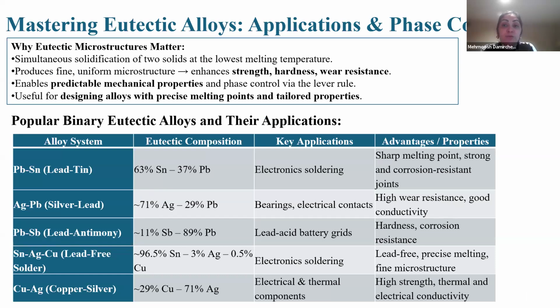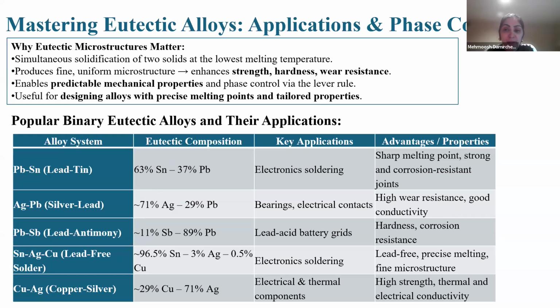Eutectic alloys are crucial because they solidify simultaneously into two solid phases at the lowest melting temperature, producing a fine and uniform microstructure. These microstructures enhance mechanical properties such as strength, hardness, and wear resistance, while allowing predictable phase fractions through the lever rule.